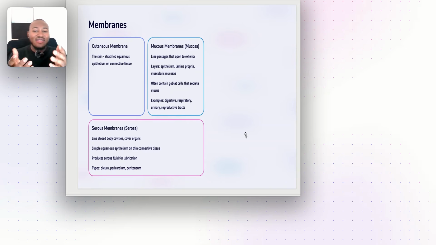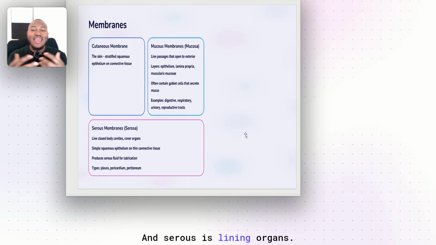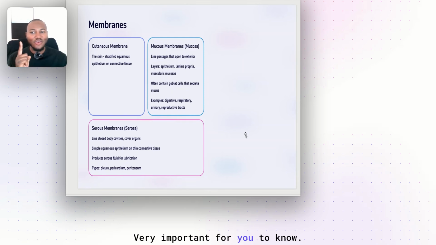So, for example, the lungs, you see pleura covering it. The heart, you see the pericardium covering it. The stomach, the intestine, all these peritoneal organs, you see the peritoneum. So all that are serous. So you must know cutaneous is skin, mucosa is lining the external, usually systems like digestive, respiratory, urinary, reproductive, right? And serous is lining organs. Very important for you to know.